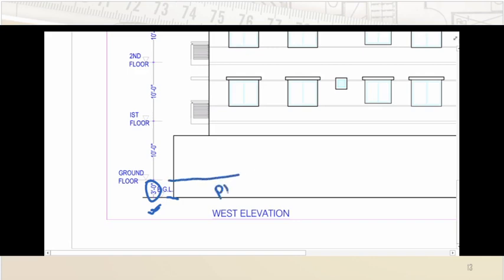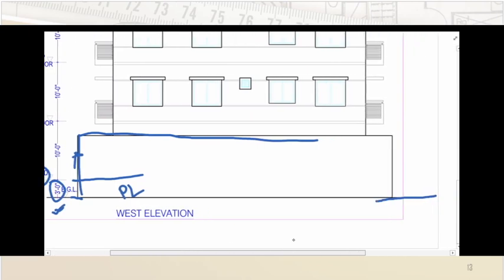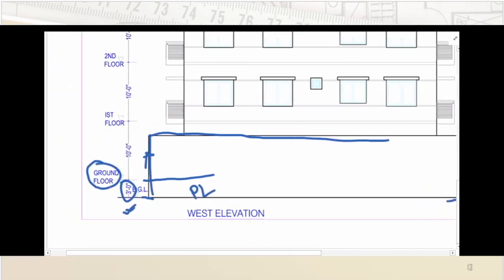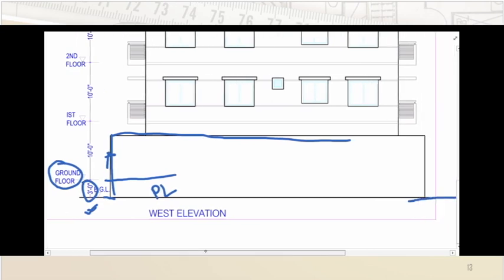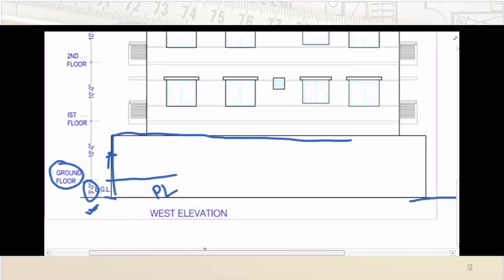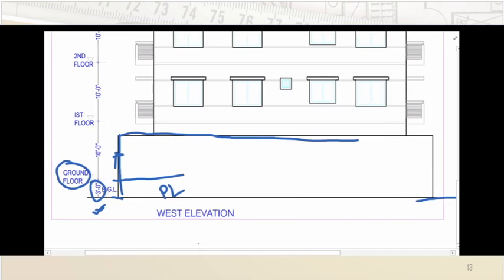That will indicate the plinth level, and this will be called the ground floor above this. And you cannot see anything, just because of what? This is the solid boundary wall throughout the building, which is hiding the ground floor being exposed to the outside.